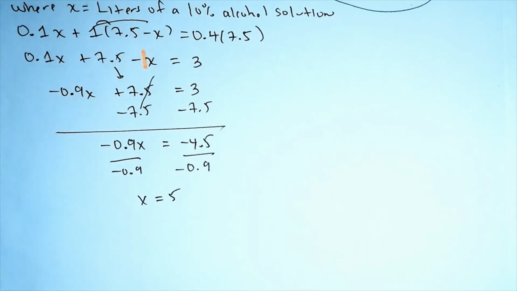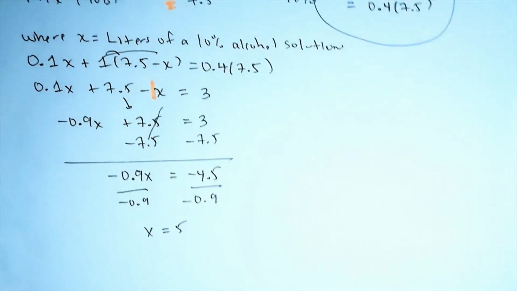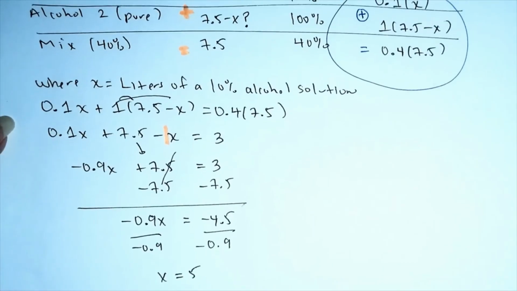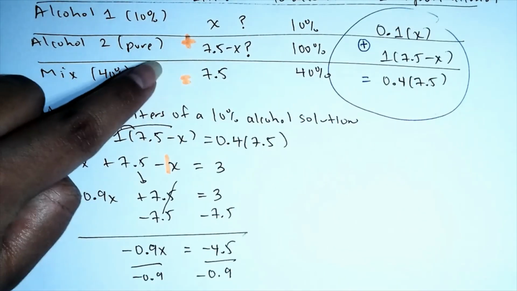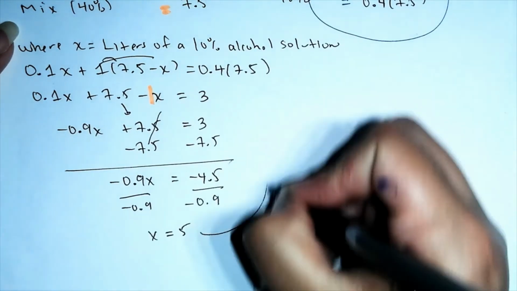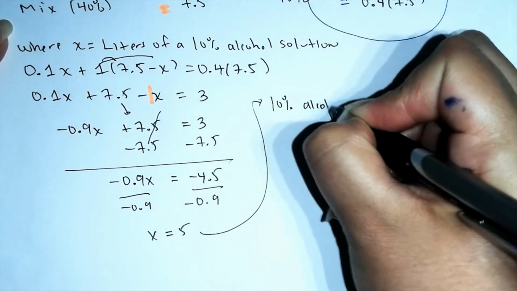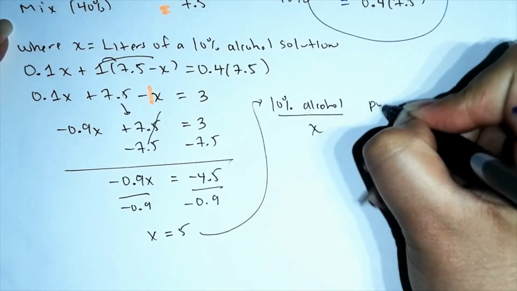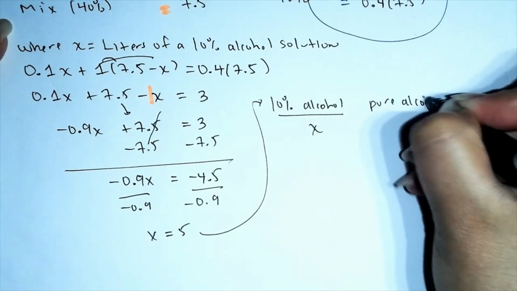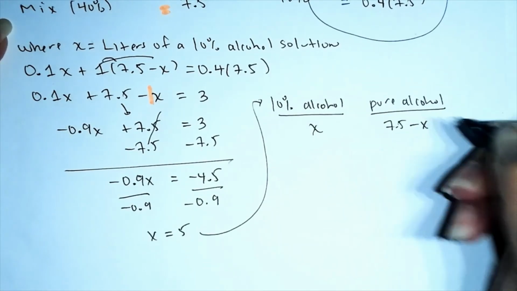So the question is, how much of each should he mix together? According to our table, we need x of the 10% alcohol, and for the pure alcohol, 7.5 minus x.